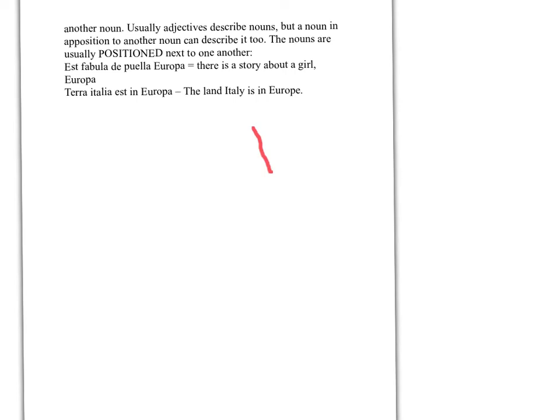These nouns that describe one another are usually positioned next to one another. That's where the word apposition comes from. Apposition means it's placed next to.